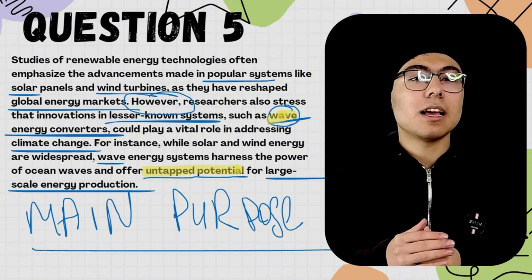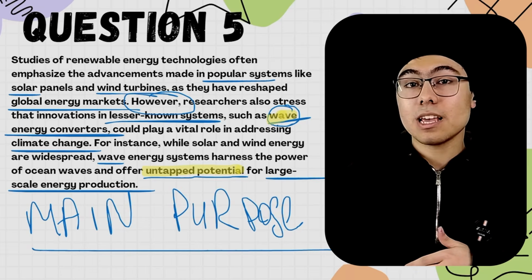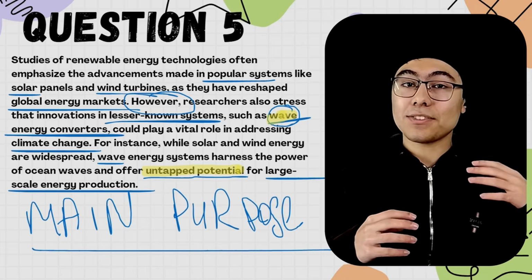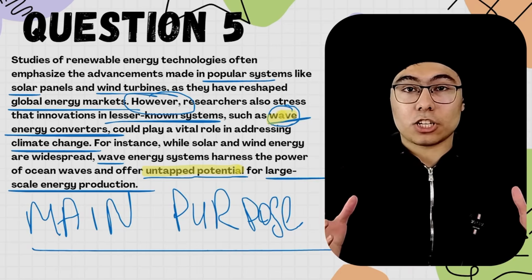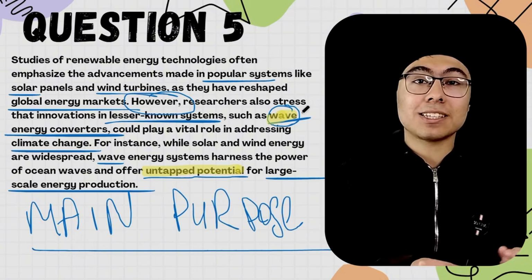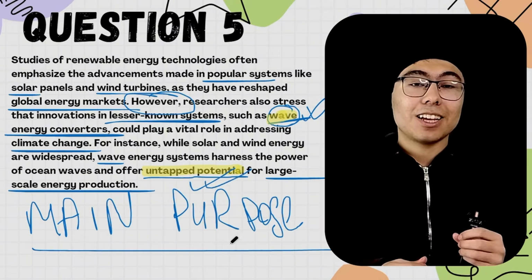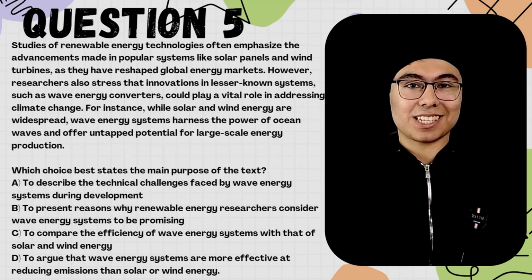They're not saying wave energy is better than solar and wind. They're just shining a spotlight on wave energy's potential. So what is our prediction? Our prediction is that the passage is explaining why wave energy is an exciting and promising field in renewable energy research. So the next step, number 4, is analyzing the answer choices.